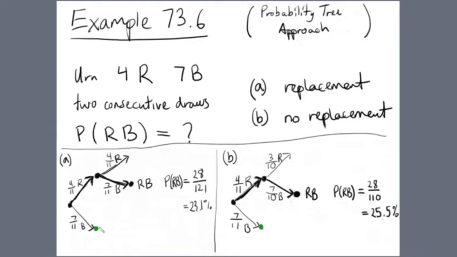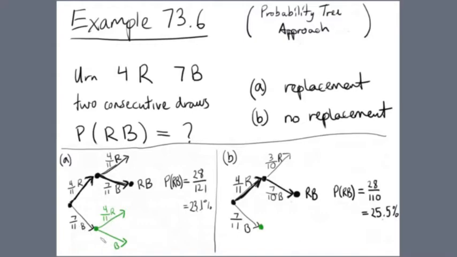So with replacement, again, after we draw a blue, there's two choices, red or blue. And what's the chance of drawing a red on the second draw? Well, remember there's replacement. So there's 4 red marbles in the urn, and there's 11 marbles in the urn in total.